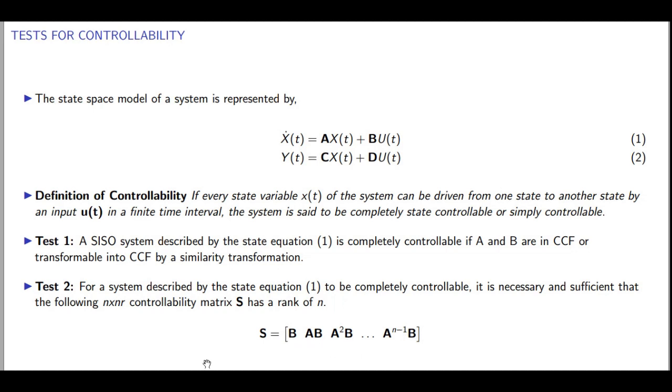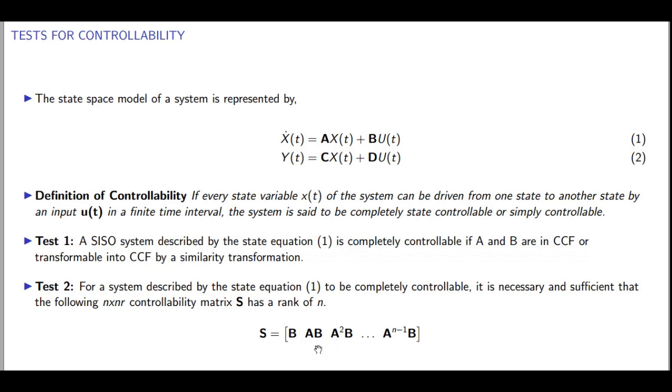The number of rows is always the number of states n, and the number of columns is n into r, otherwise 3 into 2. So the number of columns will be 6.